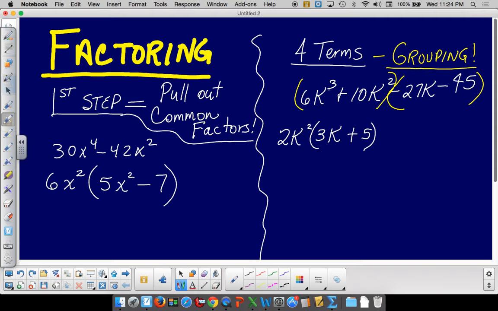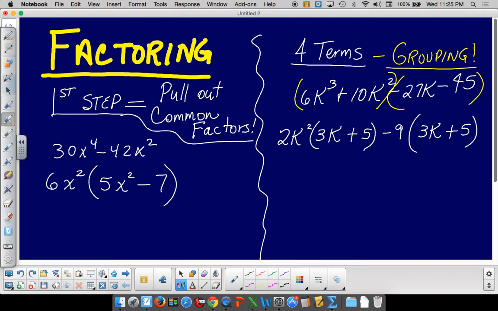Now you go do the exact same thing on the second pair. What's in common to negative 27k and negative 45? Well, yes, negative 9 would be in common. There's no variable, but we'll take negative 9. So if you're pulling out negative 9, that's going to leave you with a positive 3k. And if you're taking negative 9 out of negative 45, it's going to leave you with a positive 5.